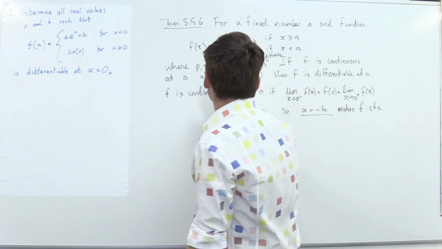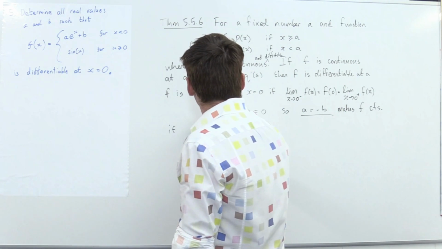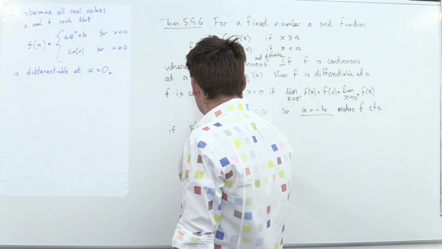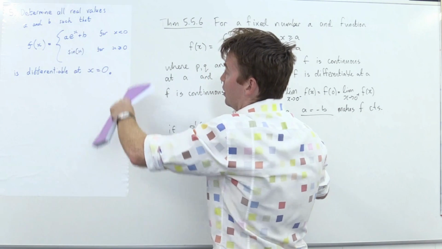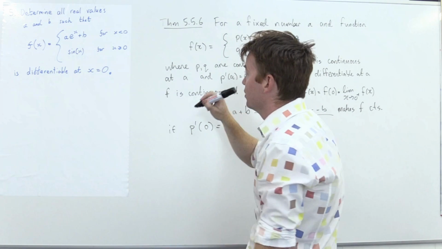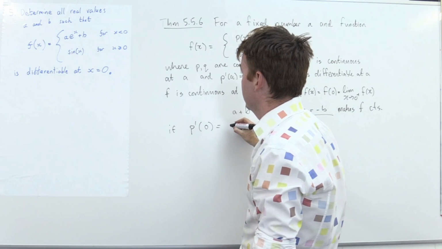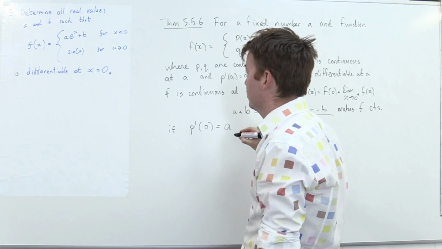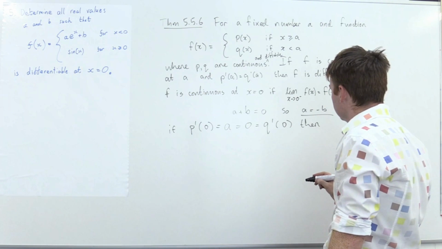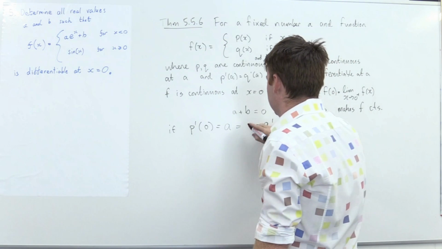And the second half of this is to say that the derivatives match. So if p prime at 0 is equal to, let's see, p prime at 0 is just going to be a, is equal to cos of 0, no, that's 1, sorry, 1.